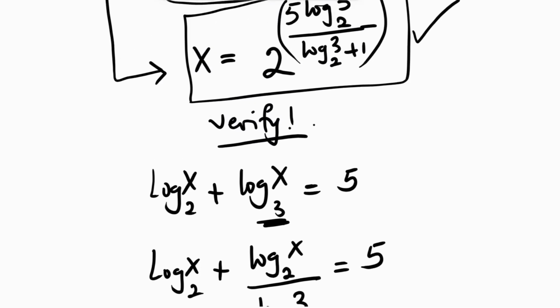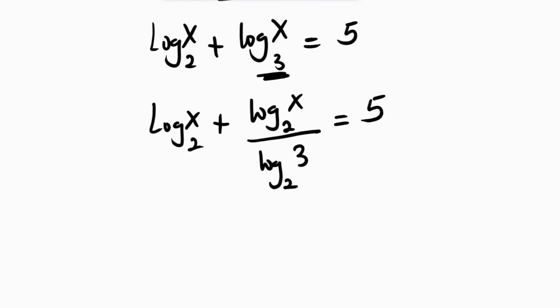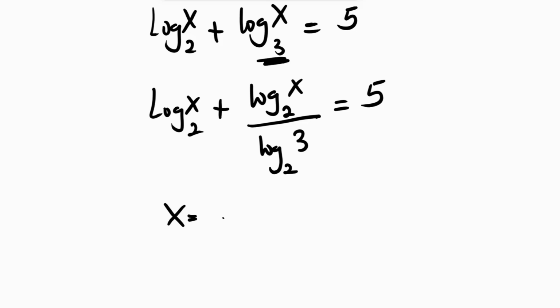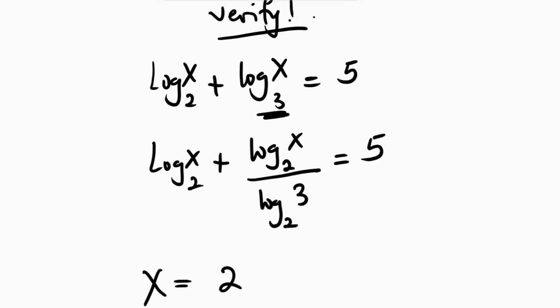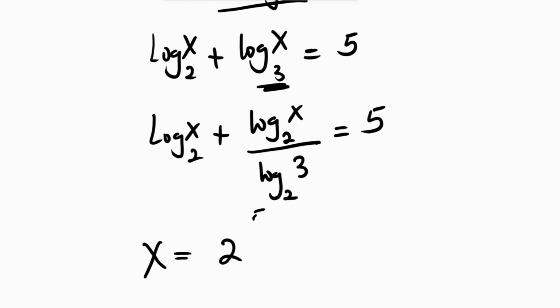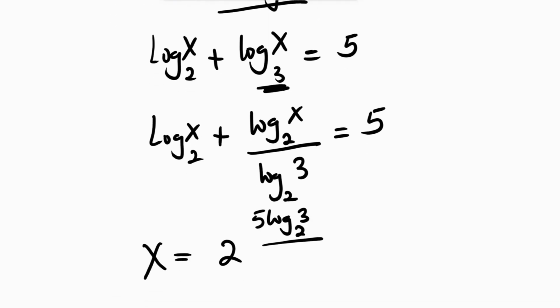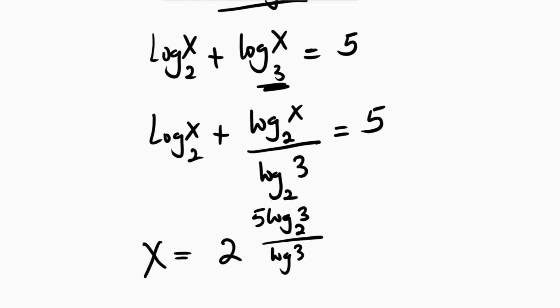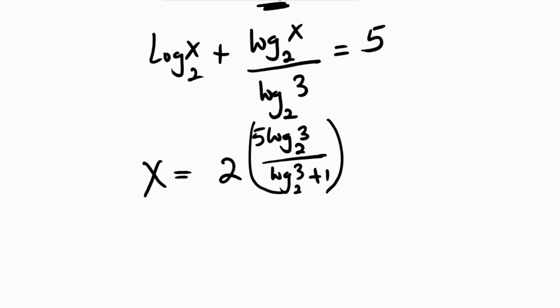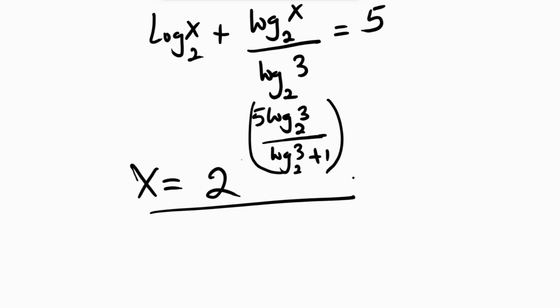So wherever we see x, we put this value. So our value of x is equal to 2 raised to power 5 log 3 base 2 divided by log 3 base 2 plus 1. Okay, this is our x.